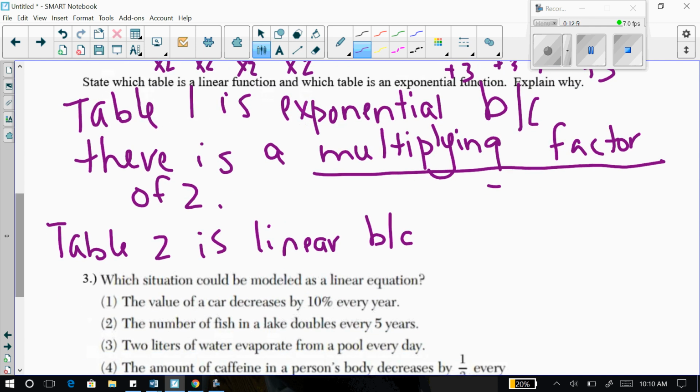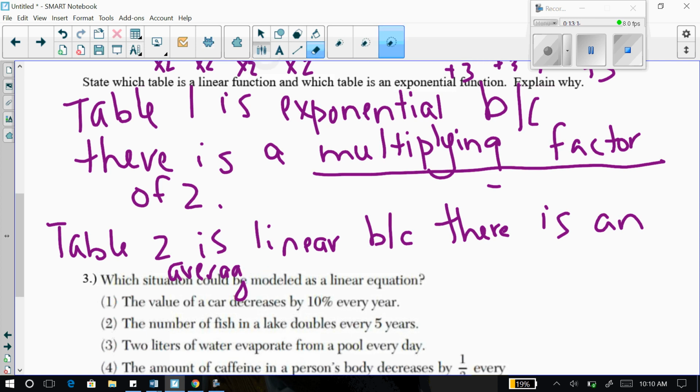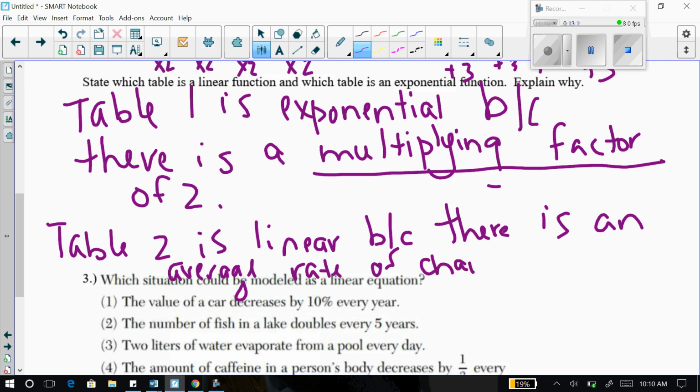So table 2 is linear because there is an average rate of change of 3. So we use average rate of change when it's linear. When it's exponential, we say there's a multiplying factor, which makes sense because we multiply or divide for exponential, add or subtract for linear.